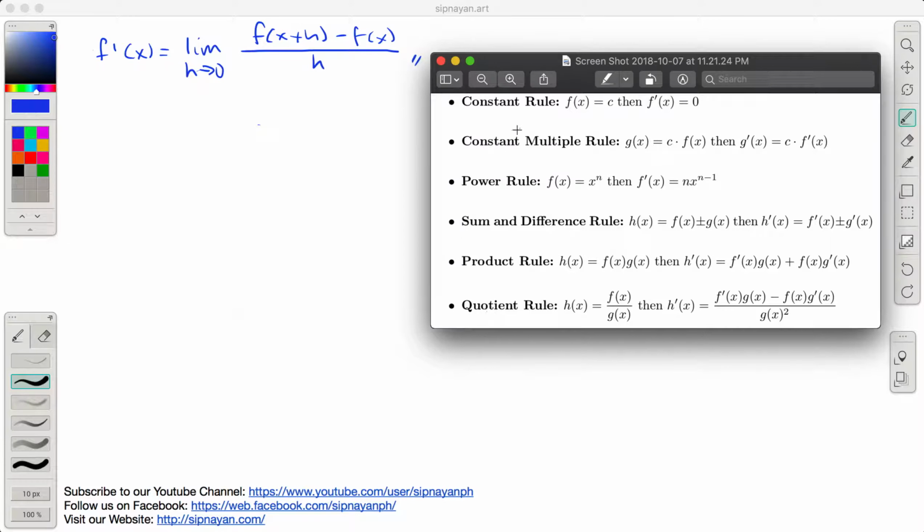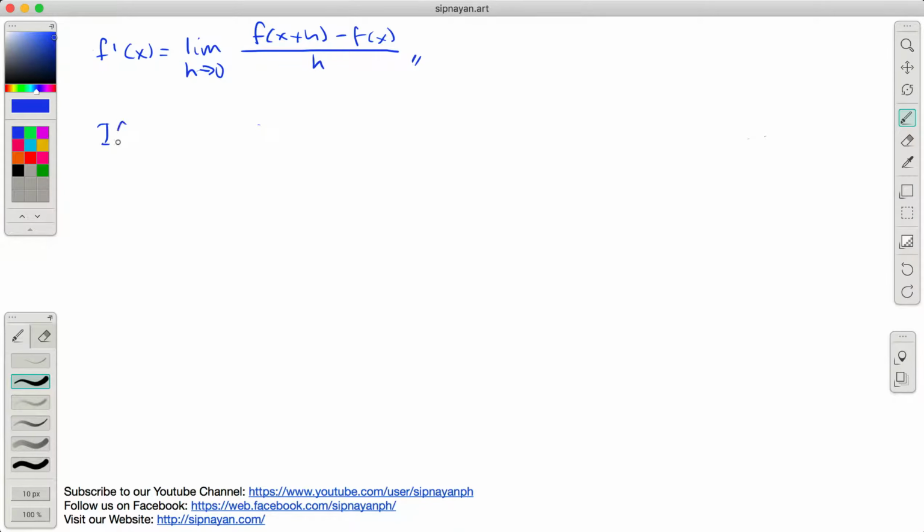Later, pag i-derive din natin ito sa mga later videos. So, f of x equals c. If f of x equals c, then f prime of x is equal to 0. Dapat maipakita natin that from this formula ay madiderive natin yung f prime of x is equal to 0.